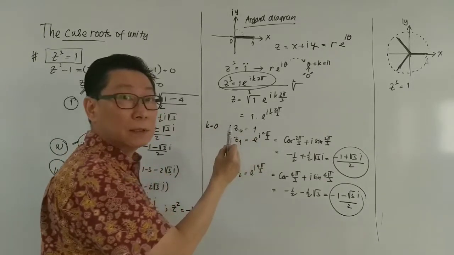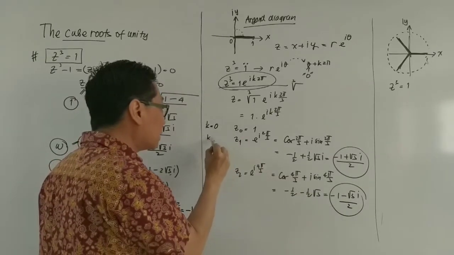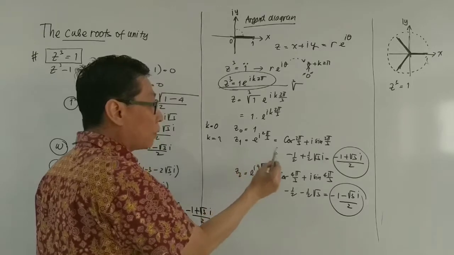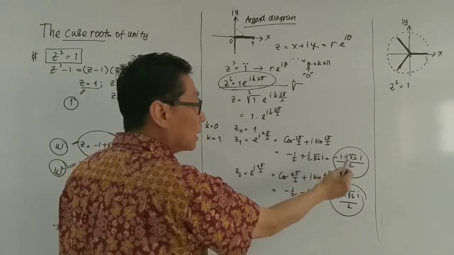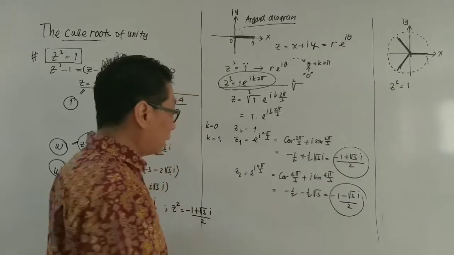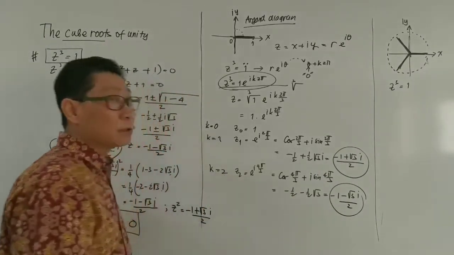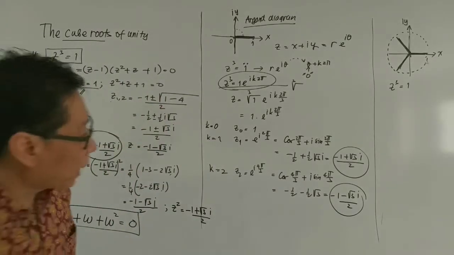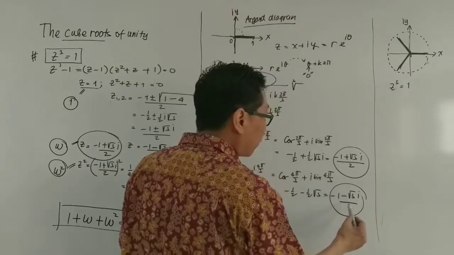If we choose k equals 0, then z0 is equal to 1. z1 is equal to minus 1 plus square root 3i over 2, and if we select k equals 2, then we have minus 1 minus square root 3i over 2.